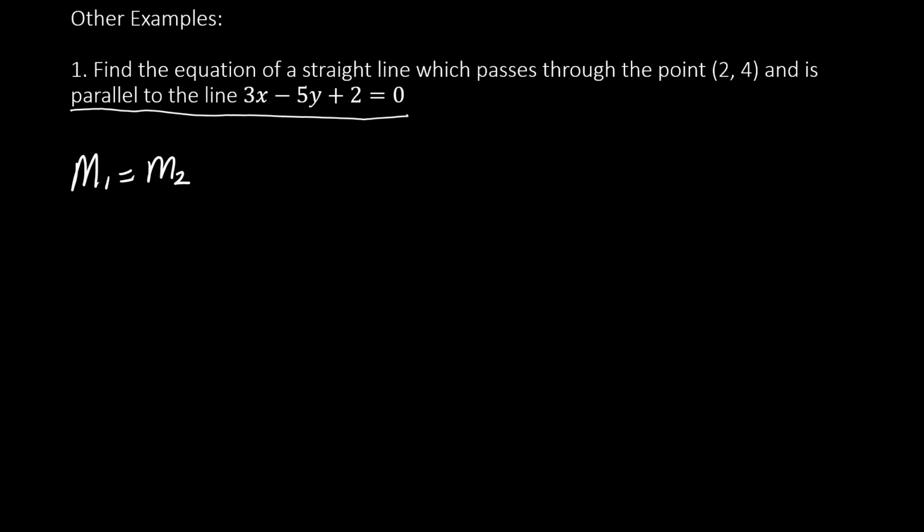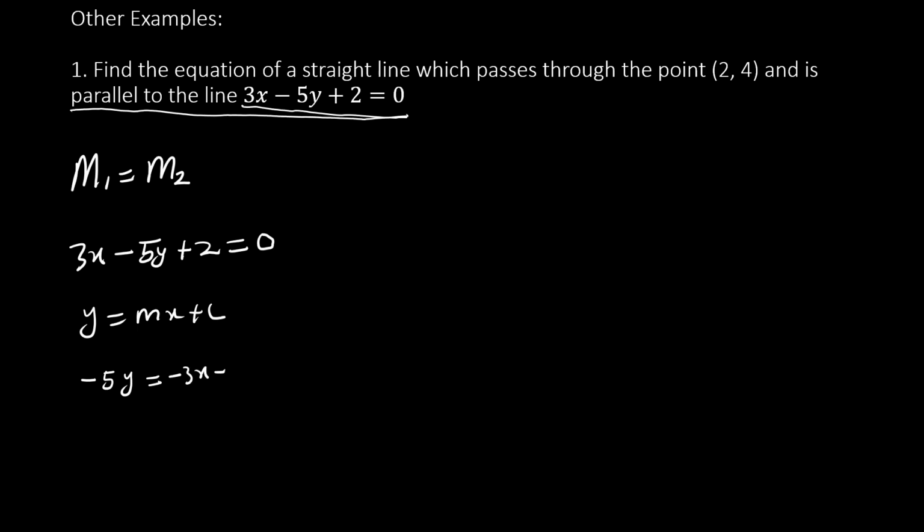But first, let's look for the slope of the line that we're given. We have 3x minus 5y plus 2 equals 0. If you write this equation in the form of the general equation of a straight line, which is y equal to mx plus c, we are going to have -5y equals -3x minus 2.